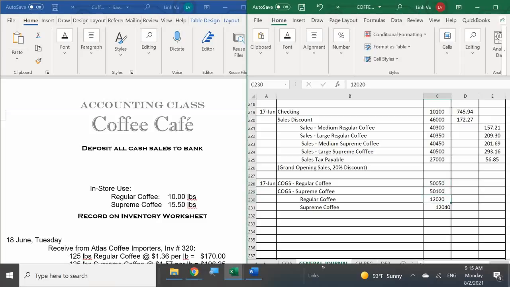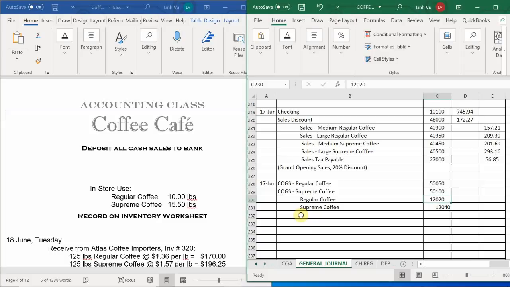Okay, and then I guess the note here could be your in-store use. Now, how do I figure that number out? How do I know how much I sold and how much it cost me?